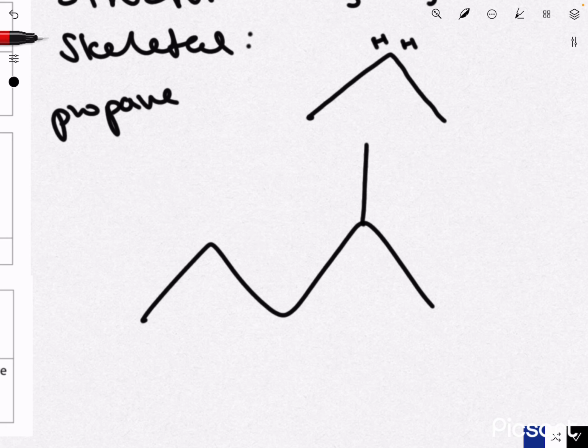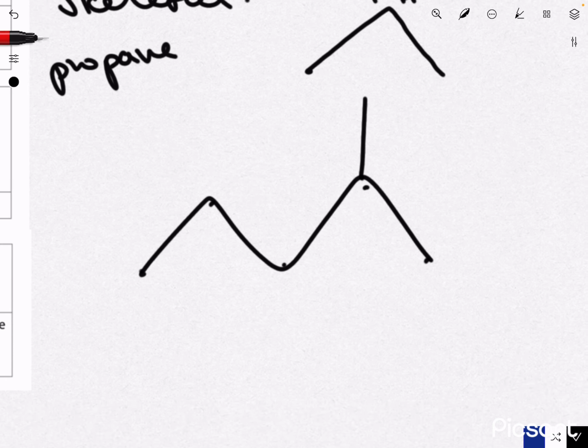This will serve as the basis of our name, and it is based on this that we put our numbers into all of our branches. So we have 1, 2, 3, 4, 5, telling us that we have pentane at the end, and we always count from the side which will give us the smallest number.